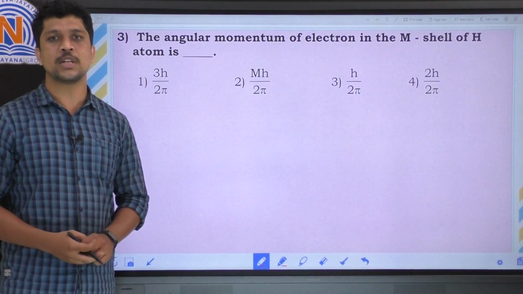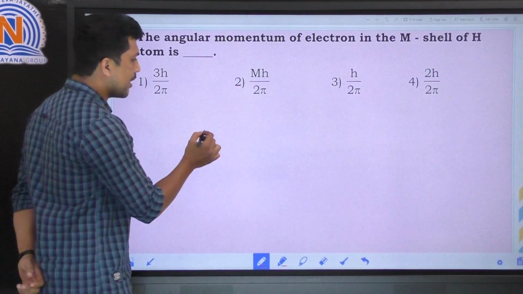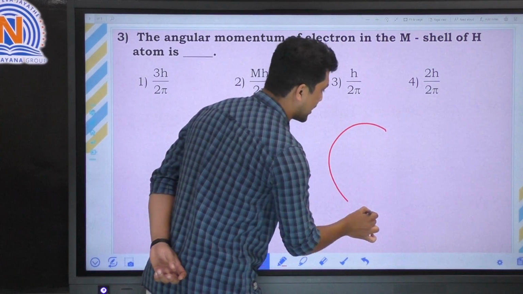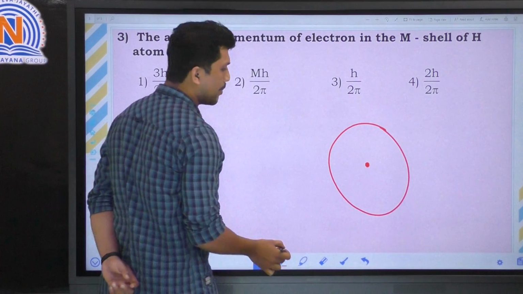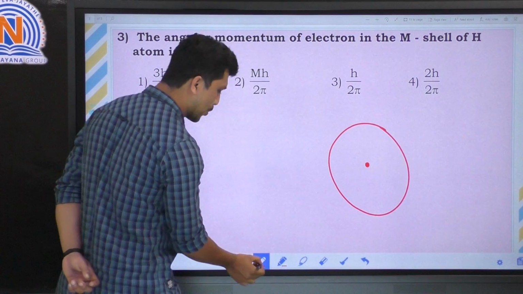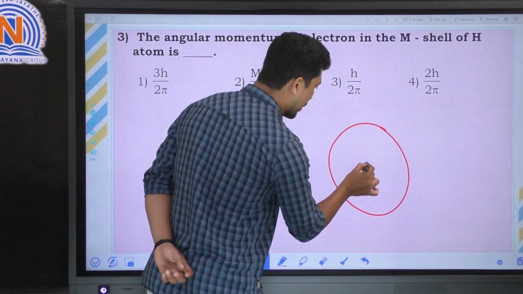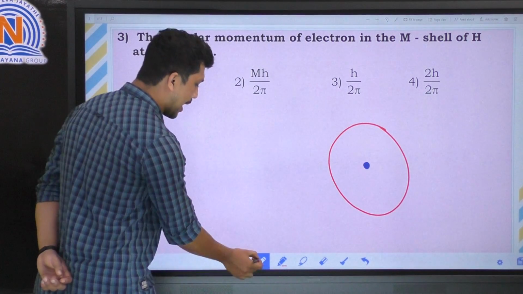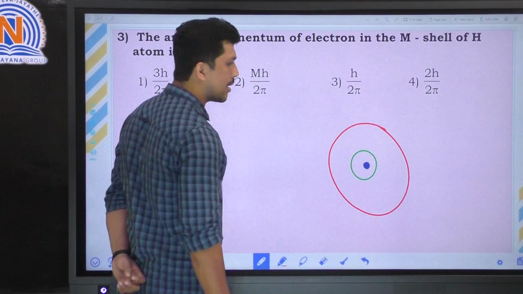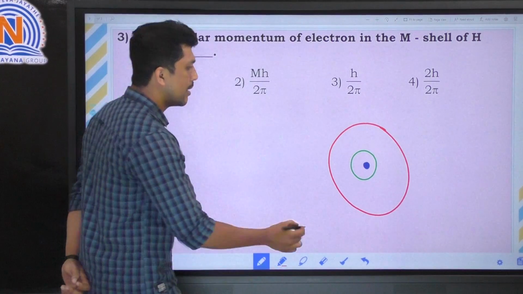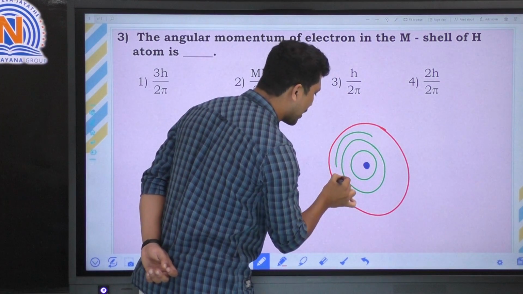Here the angular momentum of an electron in the M shell of hydrogen atom, right? We know that each and every atom contains a number of shells in which the electrons are revolving around the nucleus. For example, this is an atom, and the blue center point is the nucleus. Around the nucleus, the electrons are revolving in circular paths. These paths are called shells. Each shell has a particular number indicated by the principal quantum number.